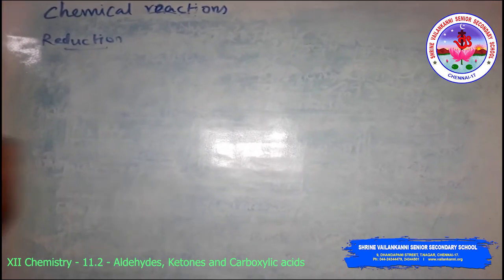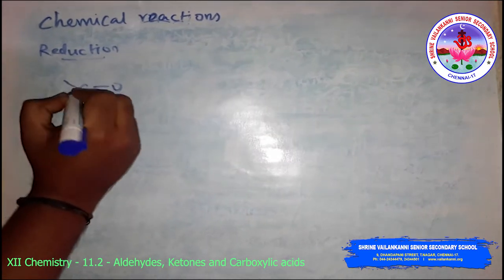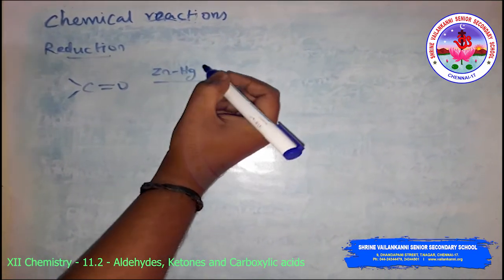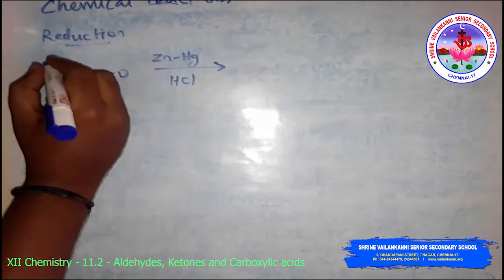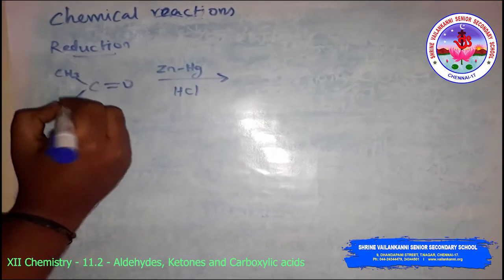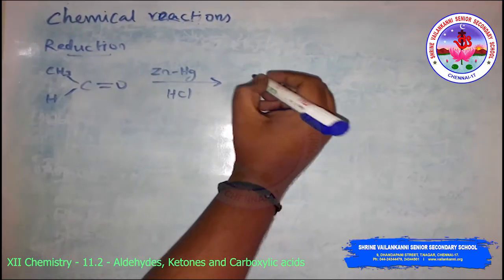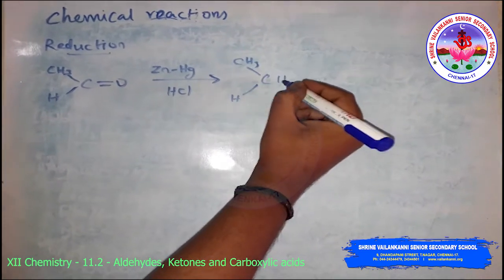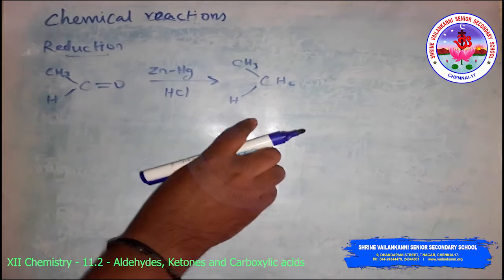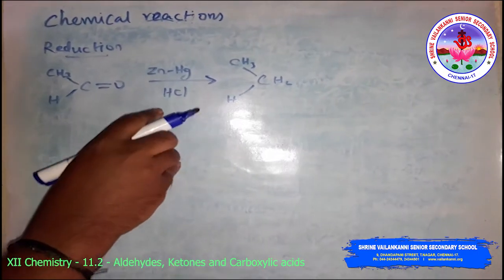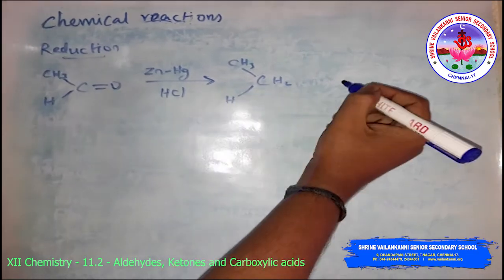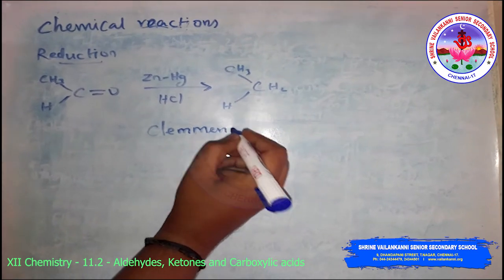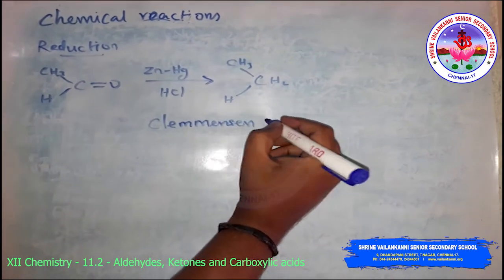Look at this, the C double bond O. Here the aldehyde reacts with zinc amalgam to form an alkane. In the presence of zinc amalgam, this name reaction is called the Clemmensen reduction.